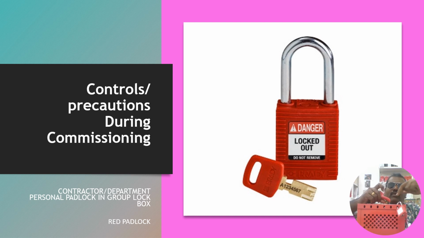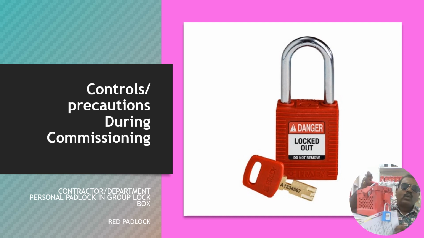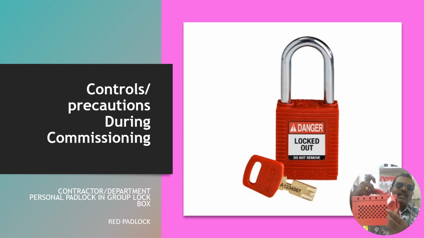So we are placing the key inside this box, and this box has two padlocks. This blue color padlock is controlled by the LOTO administrator, and this red padlock is controlled by the permit receiver. So there will be two padlocks locking this box.